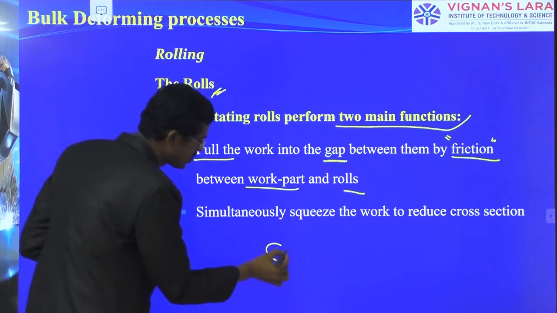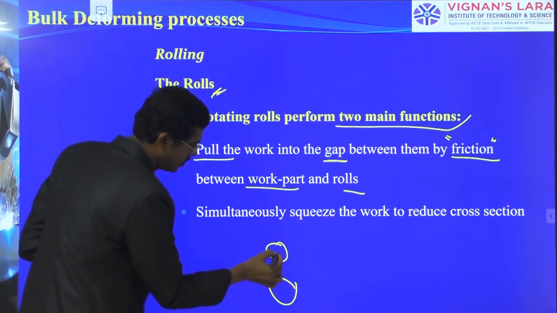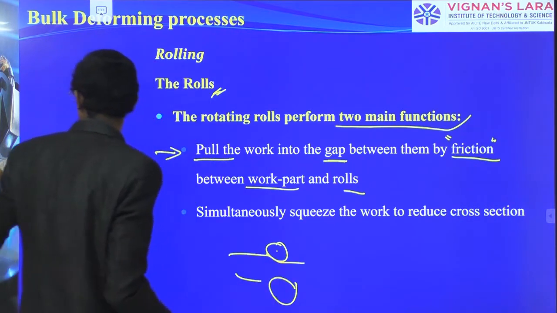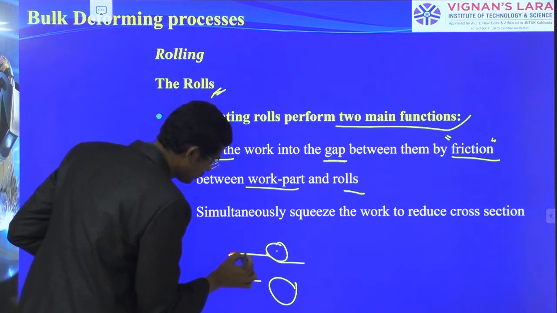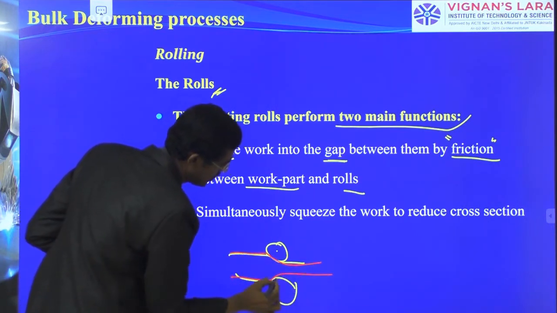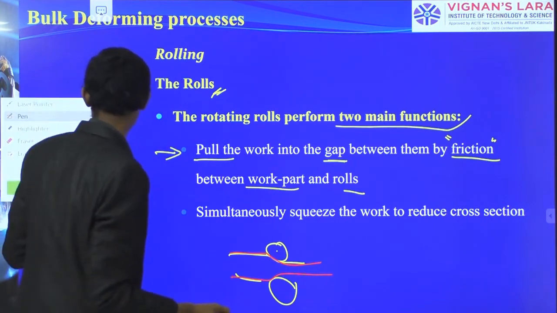So we have two rolls, and the workpiece is going to be in contact here. Therefore it is going to compress.